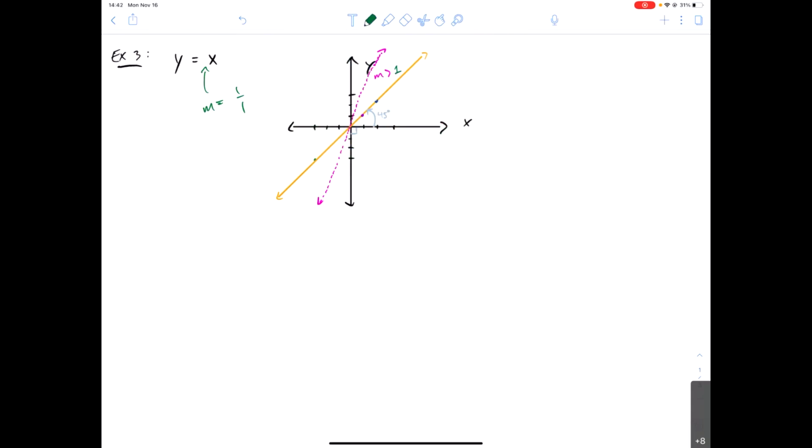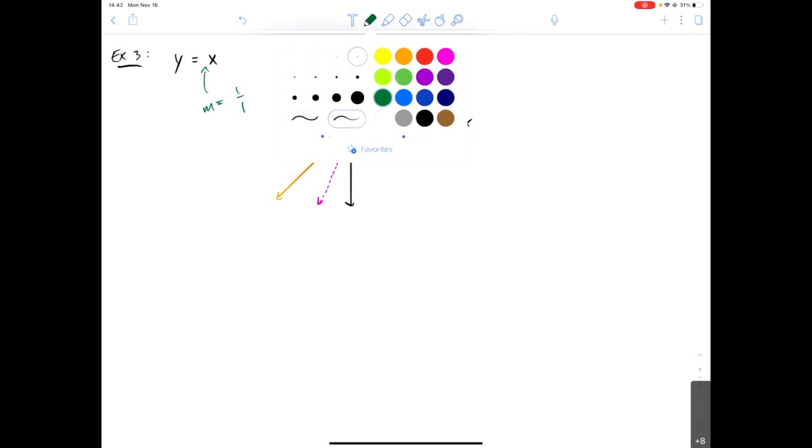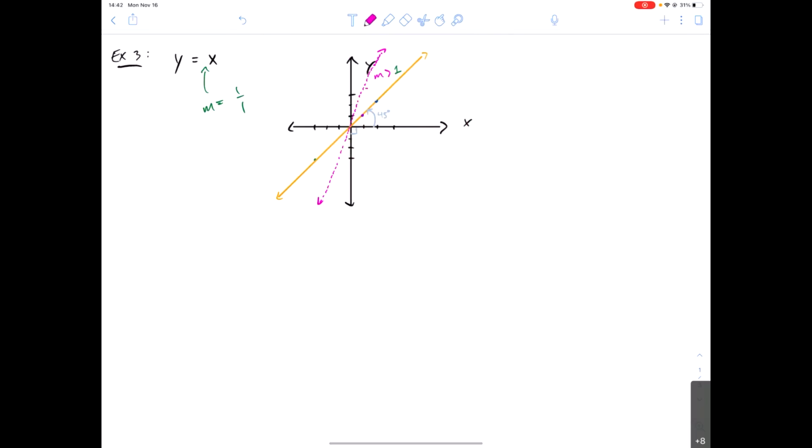Because 1 gives you that benchmark of being in the middle, if you will. A 45-degree angle splits the 90-degree angle in half. So you know that whatever this angle is, this angle is greater than 45 degrees.